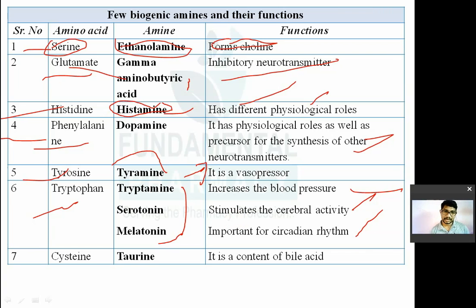We have seen amino acids, the classification of amino acids depending upon the nutritional requirement, the polarity, and the structures. Then non-protein amino acids and their function. Then protein structure: primary, secondary, tertiary, quaternary structure, and determination of protein structure.